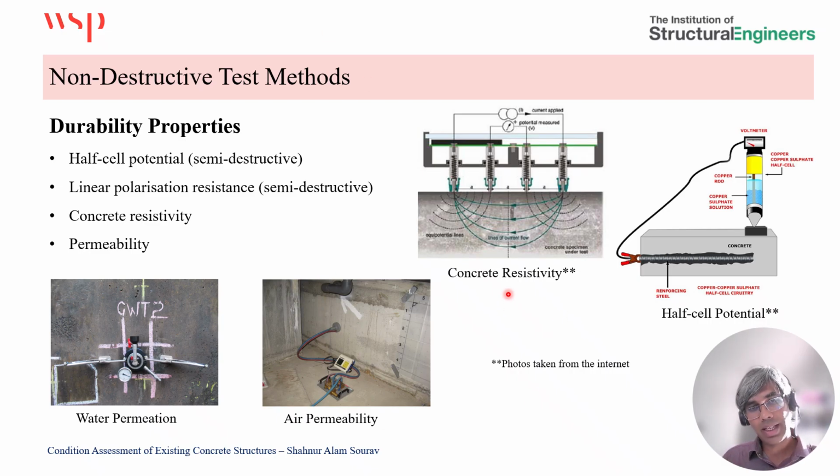So we can say that the higher the resistivity of the concrete, the lower will be the rate of corrosion. This is how it works. We also do permeability testing of the concrete cover, because the permeability of the concrete cover will ultimately determine how easily the contaminants from outside can get into the concrete.